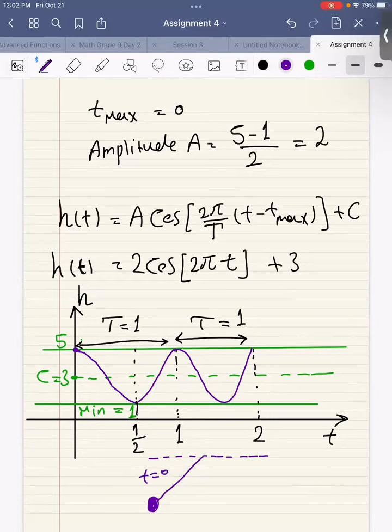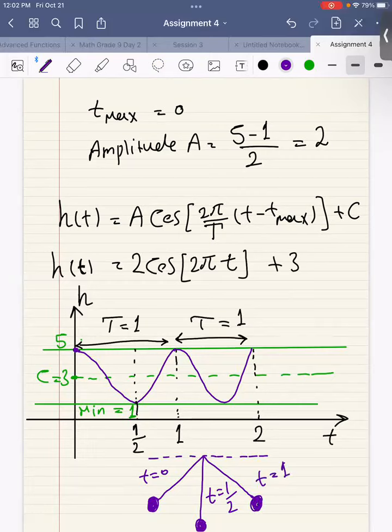Then when t is equal to 1/2, it comes here to the minimum height. And when t is equal to 1, it goes to the other side, but again at the maximum height. So this is t equal to 1.